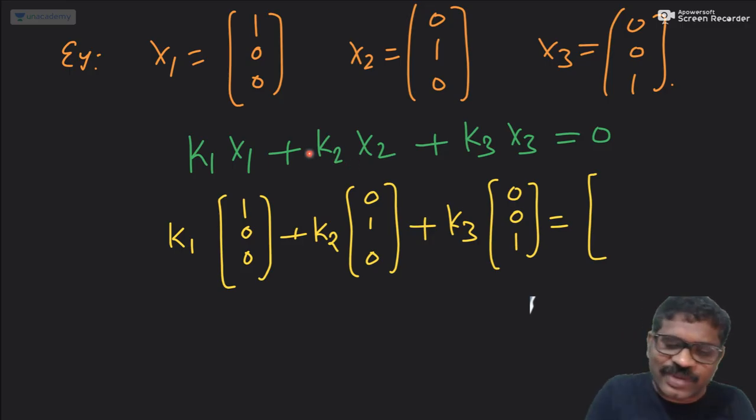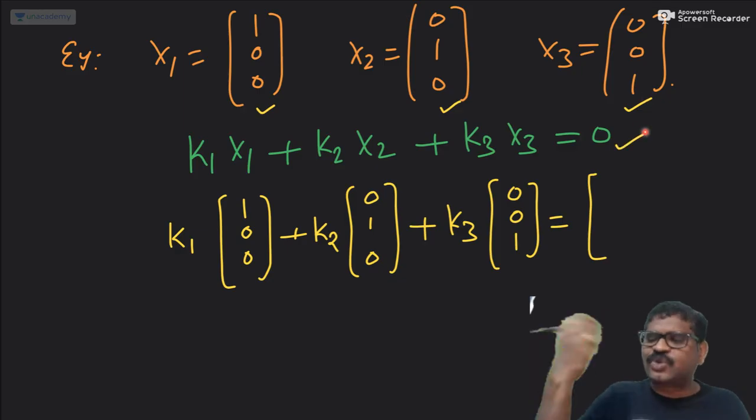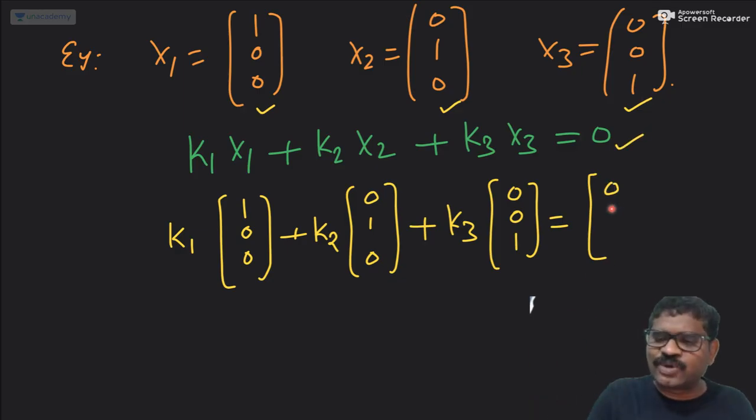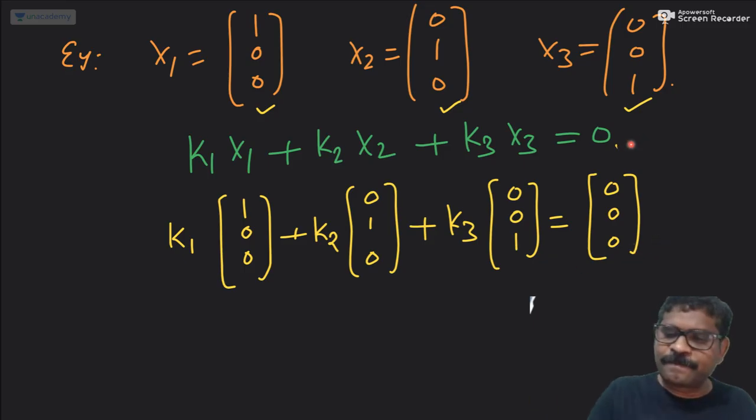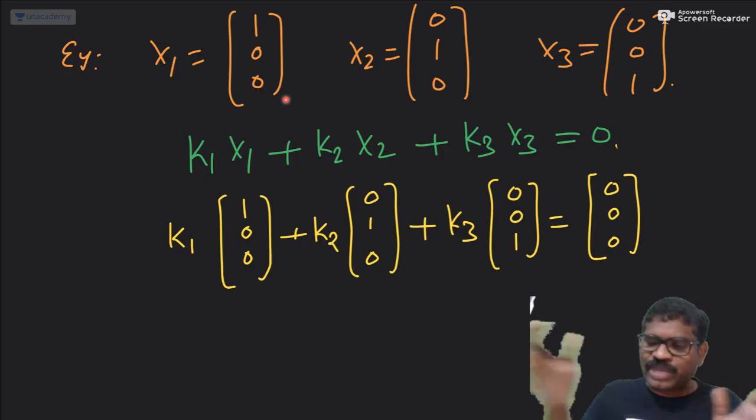If x1 is of dimension 3, x2 is of dimension 3, x3 is of dimension 3, 0 is also of dimension 3: 0, 0, 0. Because if LHS is of dimension 3, RHS is also of dimension 3, then only you can equate two vectors.